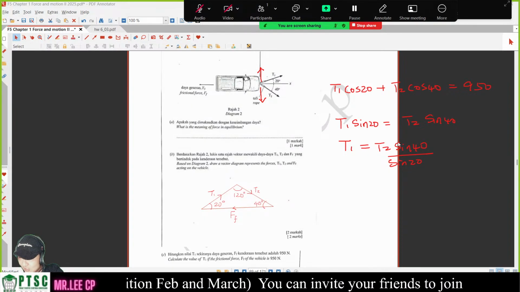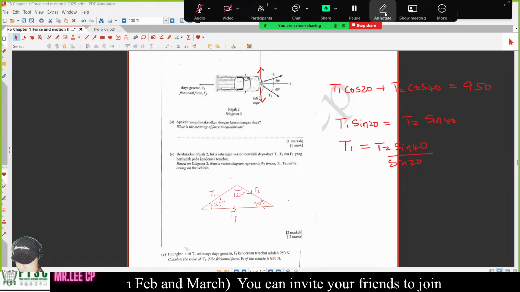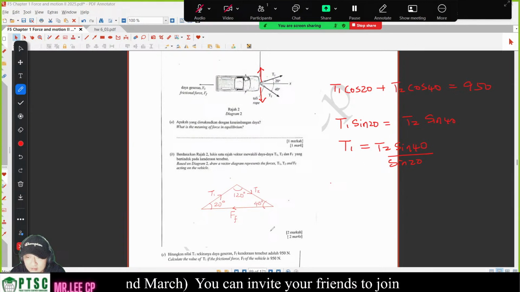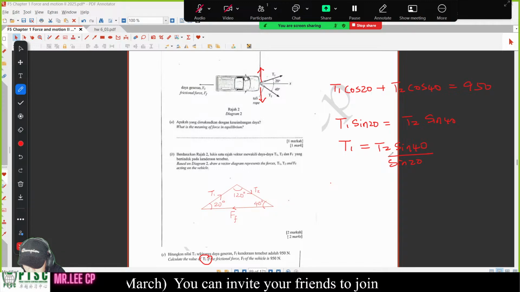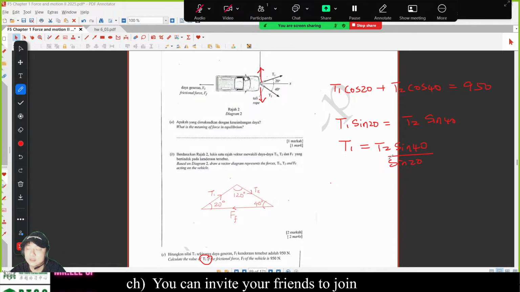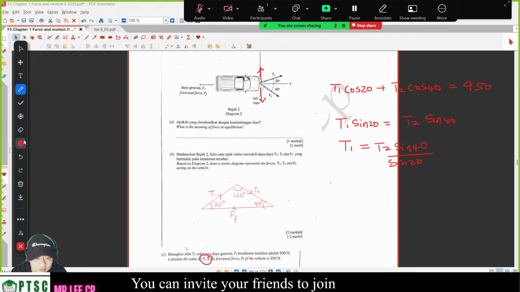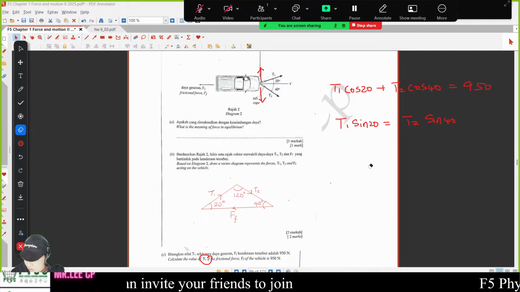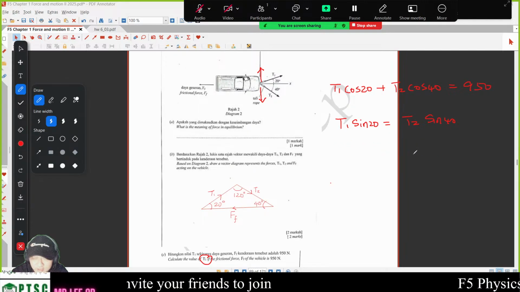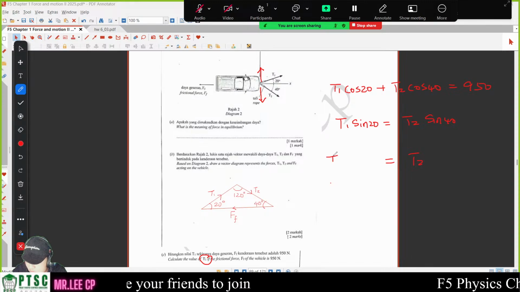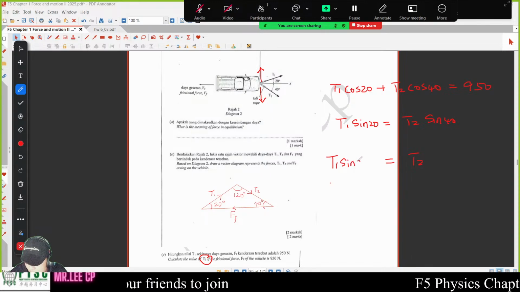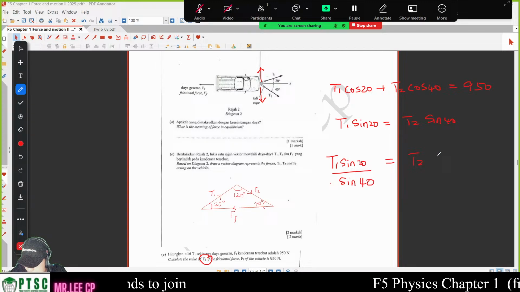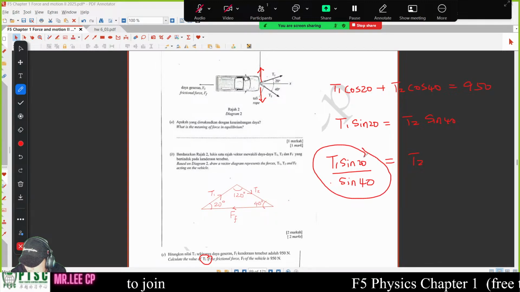I want to find T1, so I should substitute T2. T2 is equal to T1 sine 20 over sine 40. So I'm going to substitute T2 into here.